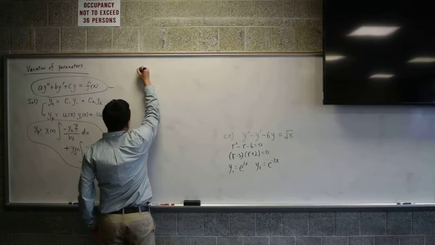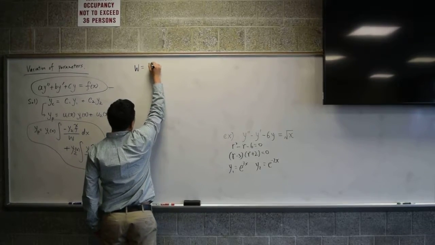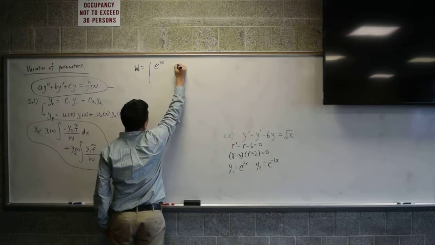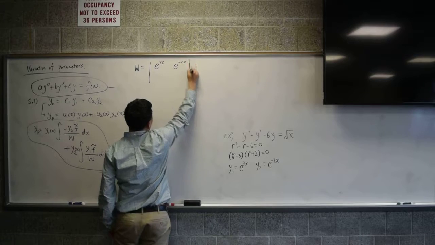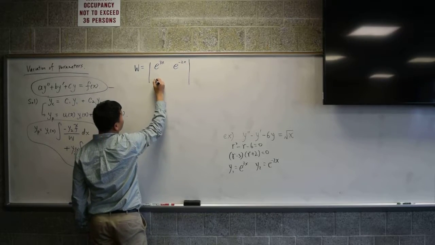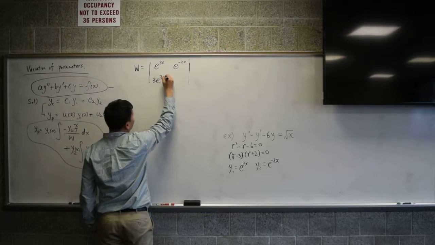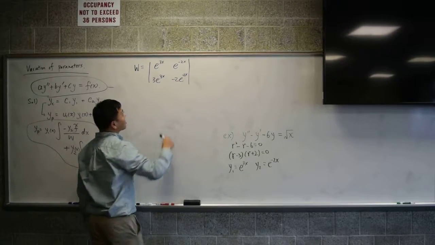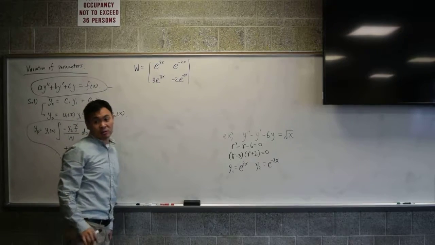Okay, first you have to compute the Wronskian, which is simply the two functions and their derivatives. So if I differentiate, this is 3 e to the 3x, negative 2 e to the negative 2x. So I write their derivatives. That's what Wronskians do.